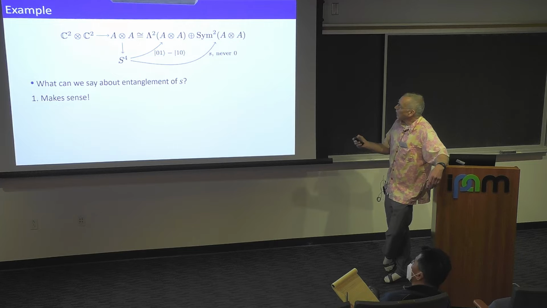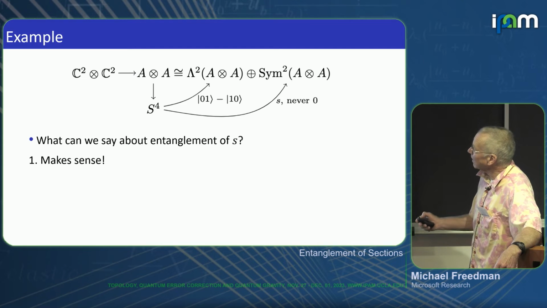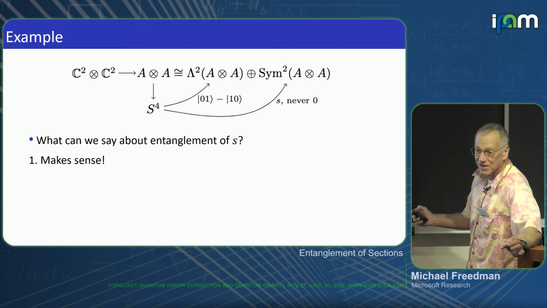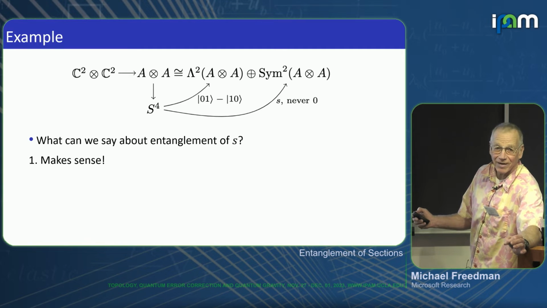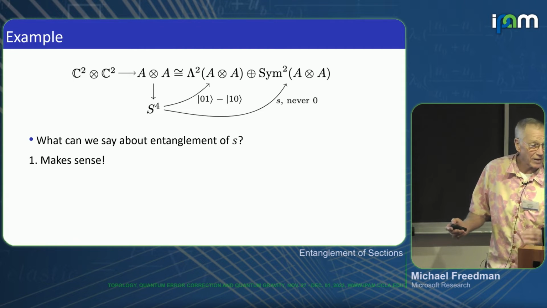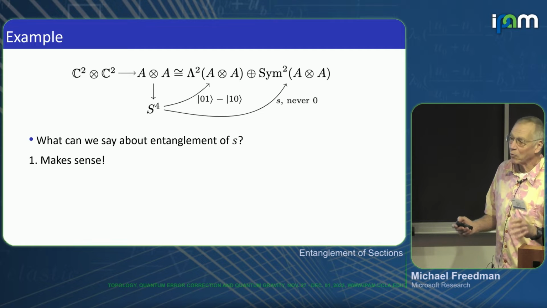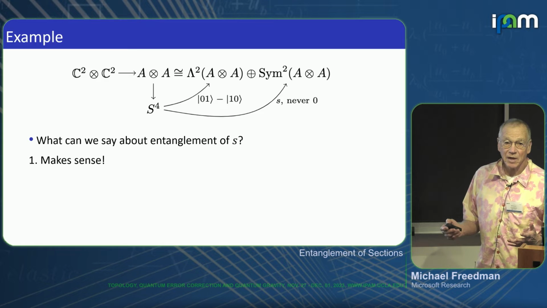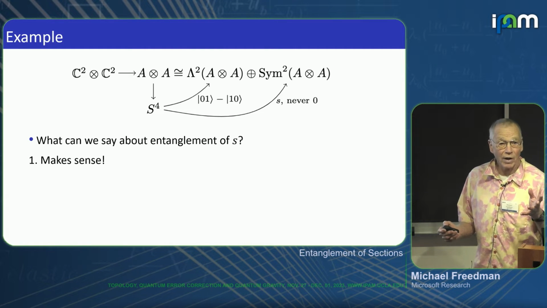Now, I want to say, and the next slide will be about, what we can say about the entanglement properties of these sections that surely exist by general position. And the first comment is already on this slide, and that is that the entanglement of a section at every point makes sense. So before we talk about the concept, we should make sure that it's sensible. And why is that? The study of entanglement is the study of states modulo local operations. You're allowed to do anything you want on local factors.